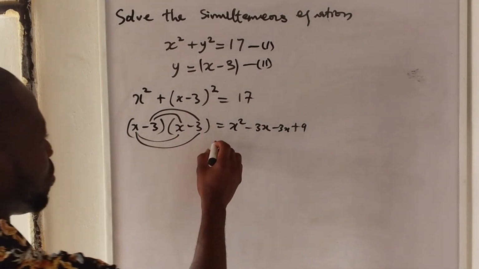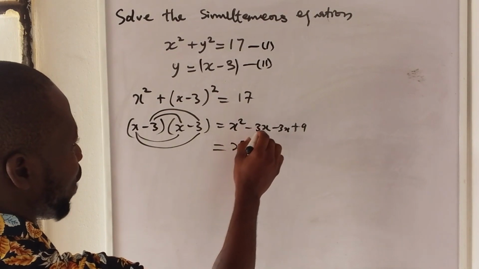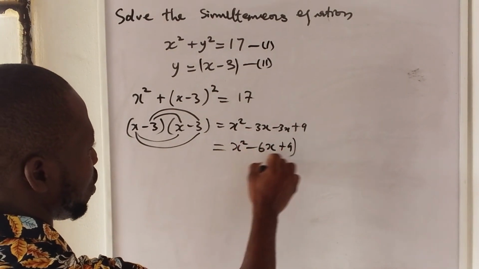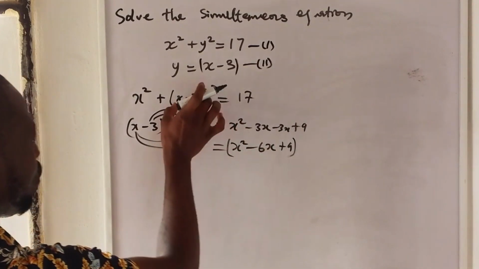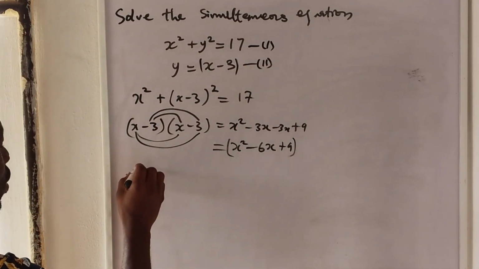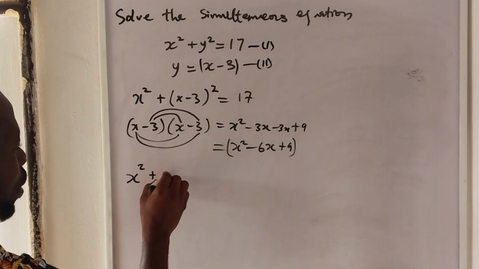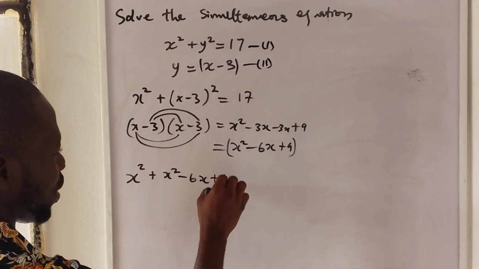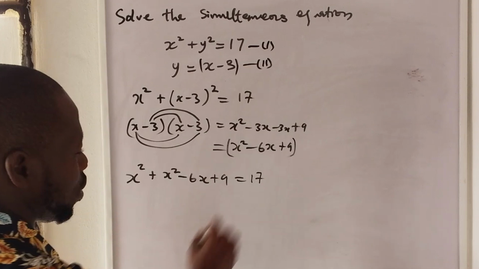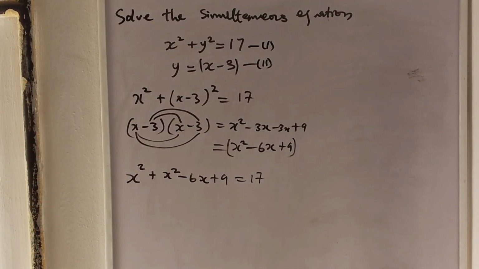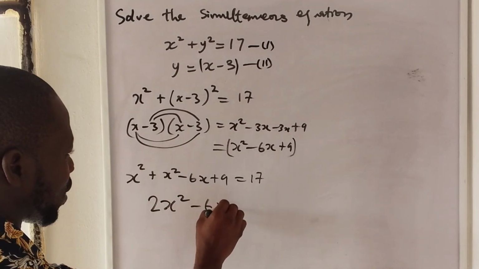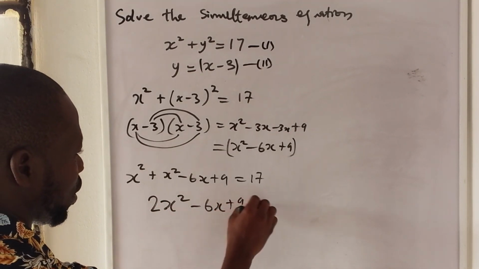Okay, so that gives you x squared minus 3x minus 3x gives you minus 6x plus 9. So you put this value into this, you're going to have x squared plus x squared minus 6x plus 9 is equal to 17. Are we there? So x squared plus x squared gives you 2x squared minus 6x plus 9 is equal to 17.